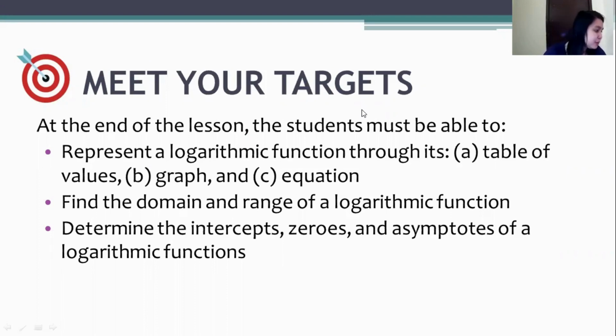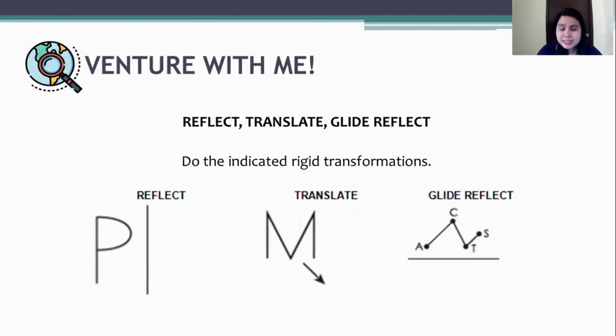Now let us be reminded that there are some transformations. If you say reflect, it means that if this is P and this is the mirror, then reflect will look like this one. Next, if we say translate, we move it up, down, left, or right, like going here.